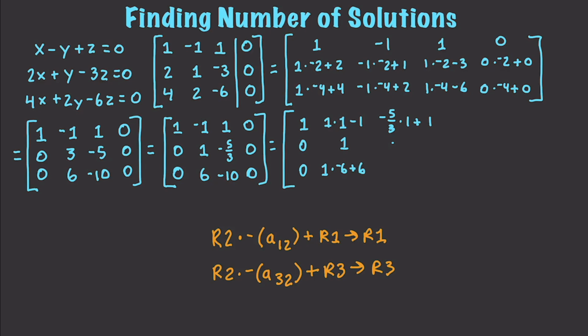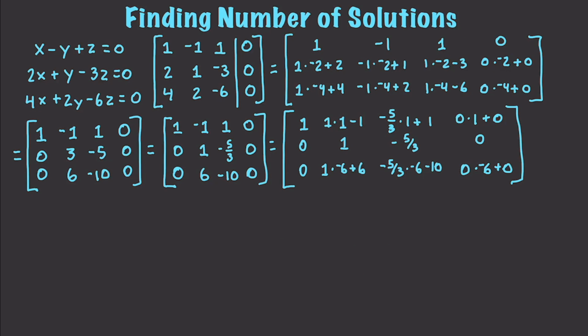This will remain negative 5 over 3. And this will be negative 5 over 3 times negative 6 minus 10. And then this will be 0 times 1 plus 0. This will be 0, and this will be 0 times negative 6 plus 0.